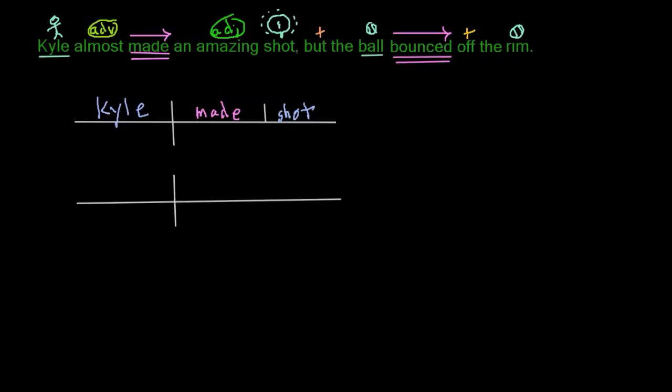The subject in our second independent clause is ball. What did the ball do? It bounced. So our verb in the second independent clause is bounced.